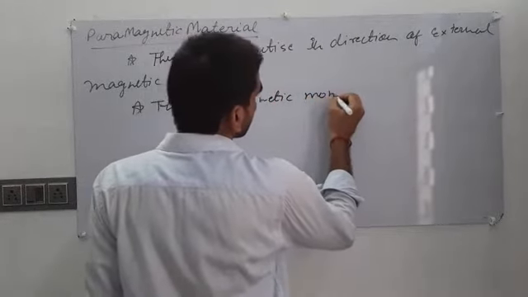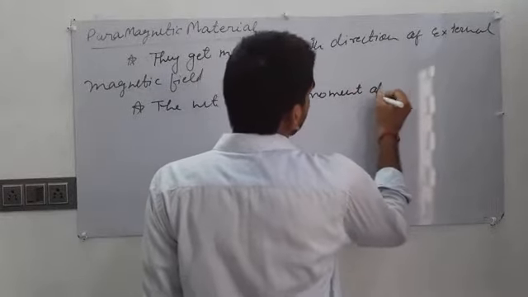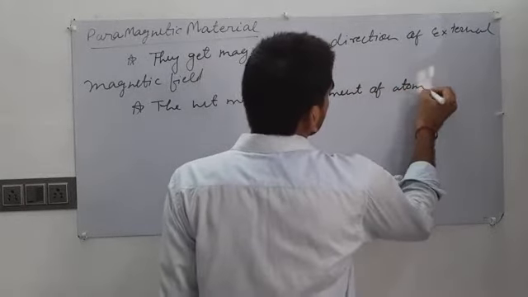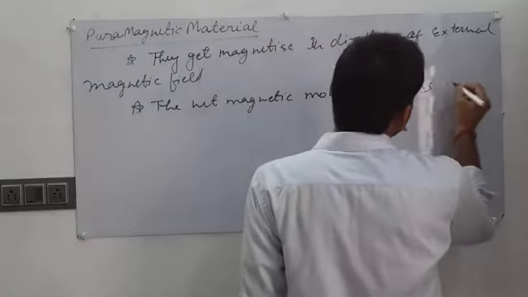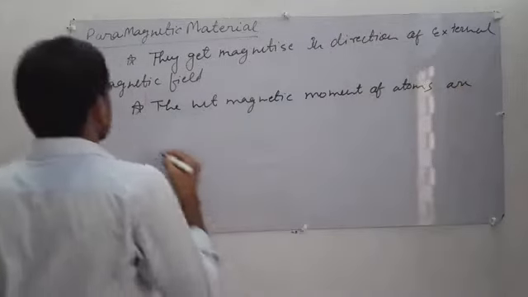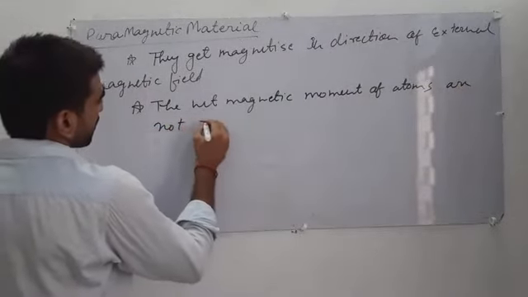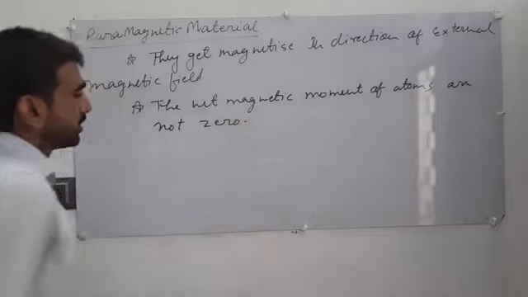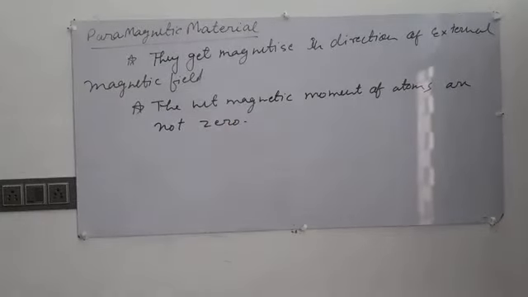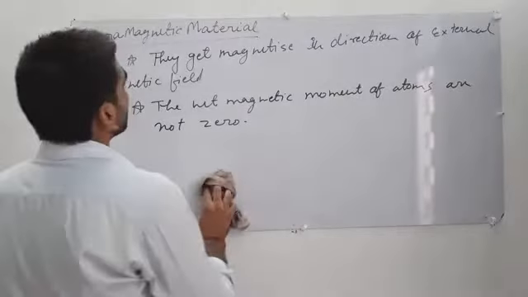So this is the definition of paramagnetic material.